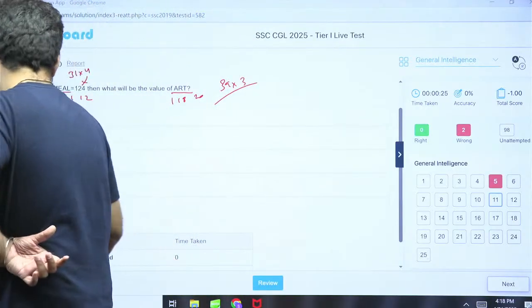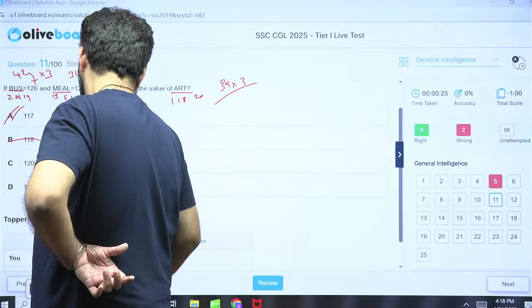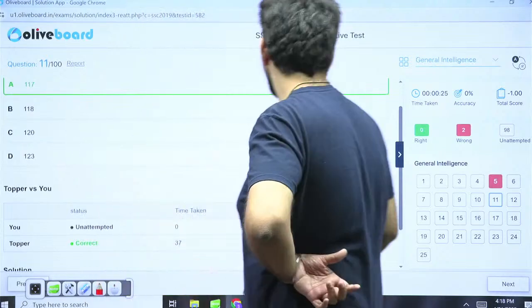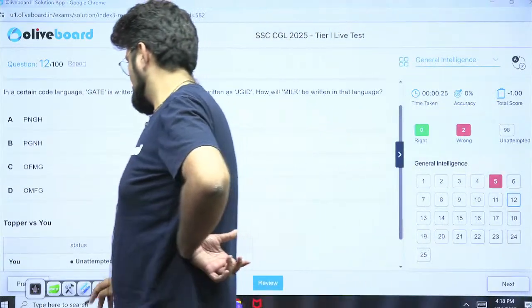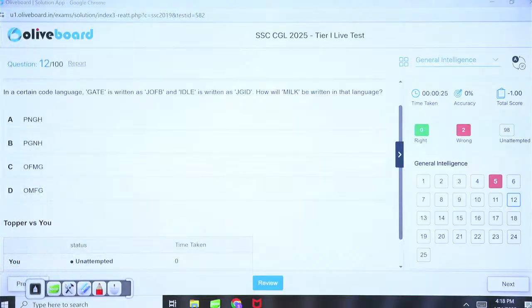So option A is the right answer. Next, question number 12. Correct. Sum of letters into, not 3, sum of letters into number of letters. Because for meal we had multiplied by 4. So we were lucky they asked us only art.